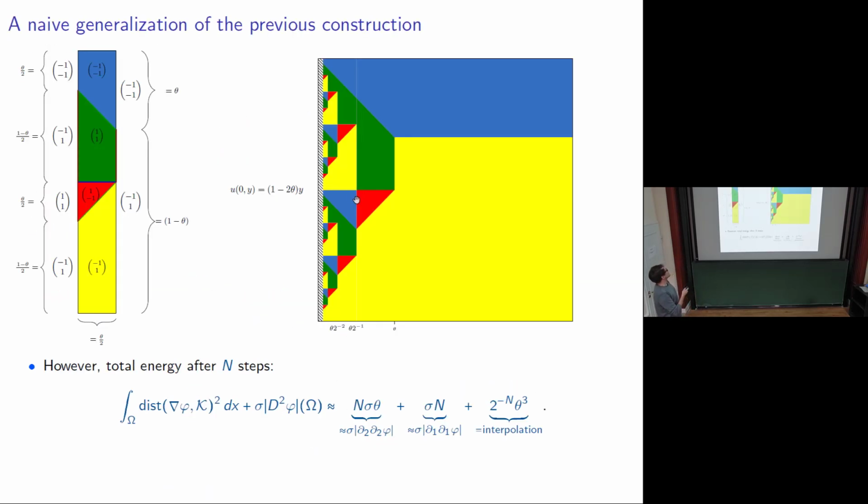Right, so the naive version of the construction from before is the following. You start with the correct volume fractions, so -1 here is a relatively small fraction, +1 here is relatively large, and you refine this one jump of the y derivative to 2 blocks with 1 jump each in this way. And because theta is small, you don't have to change too much, which means that this length scale here is relatively short.